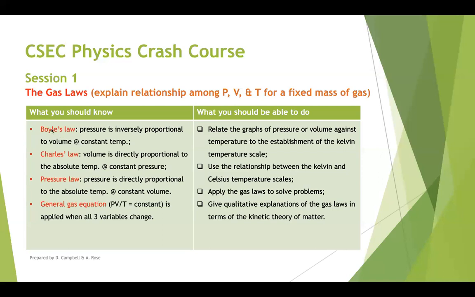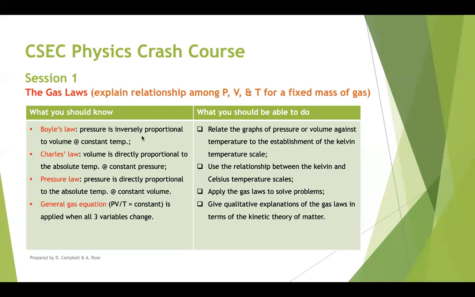So for Boyle's law, it is the temperature that is constant, and basically the pressure is inversely proportional to volume, which means that if the pressure is increased, then the volume decreases. And it's in such a way that if the pressure is doubled, for instance, then the volume is halved. And this is if the temperature is kept constant.